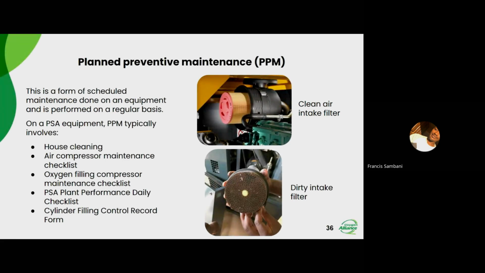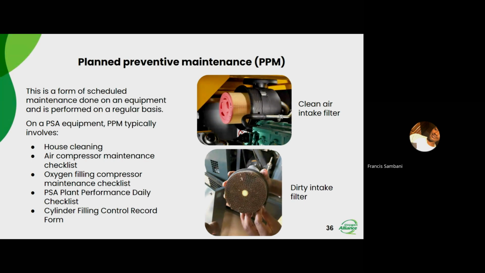The other thing that you look at is the air compressor maintenance checklist. We'll go through that shortly. And also you have the oxygen filling compressor maintenance checklist, which is similar to the air compressor maintenance checklist. But of course, the tasks that you do on the air and the oxygen compressor will be different.